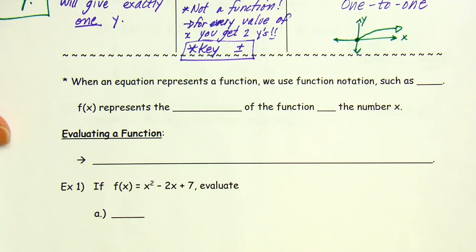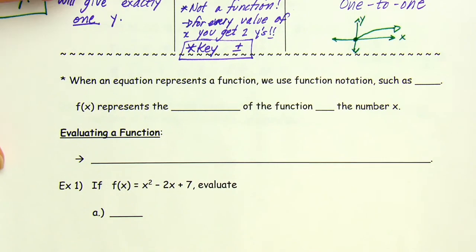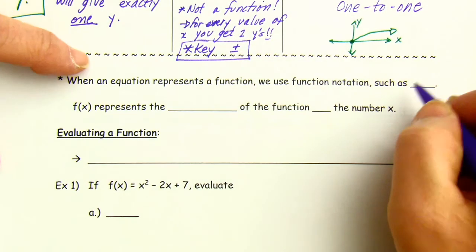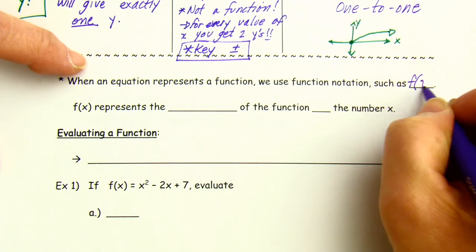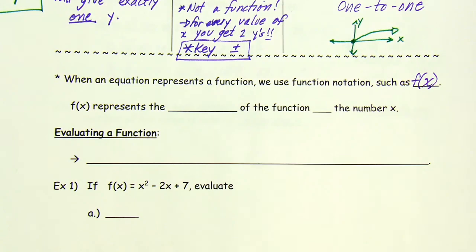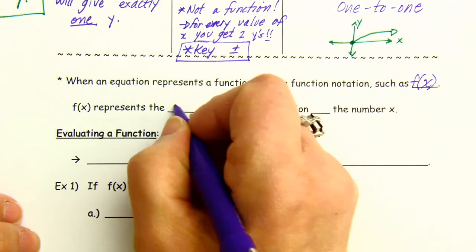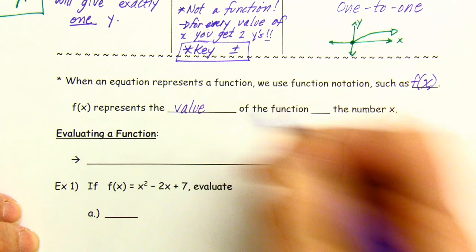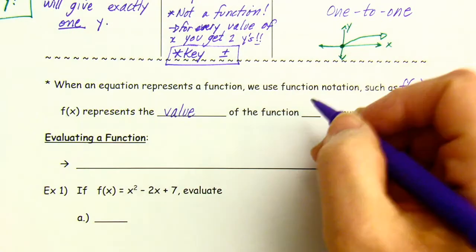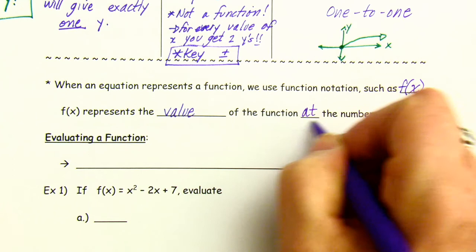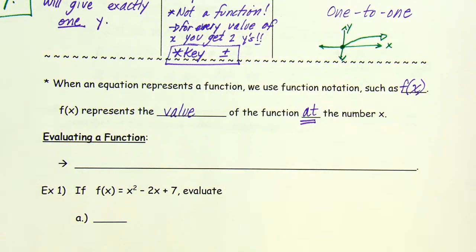Moving on, when an equation represents a function, we use function notation such as f of x, right? It's the f with the x inside the parentheses. F of x represents the value of the function at the number x. Folks, this f of x is really the y.